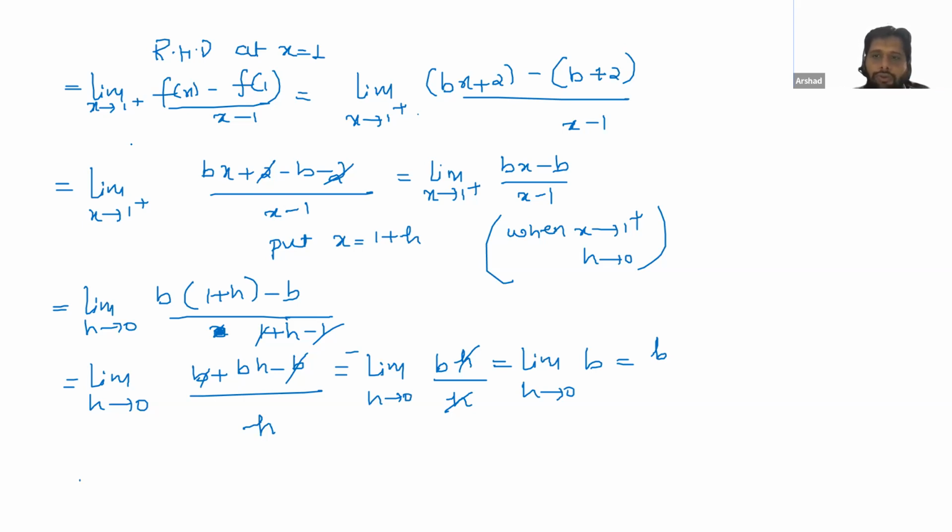What is LHD in this question, Abdur? So 5. What is RHD? So b. So what's the value of b? 5. Okay, so please write f(x) is differentiable at x is equal to 1. So LHD is equal to RHD, 5 is equal to b, so b is equal to 5.